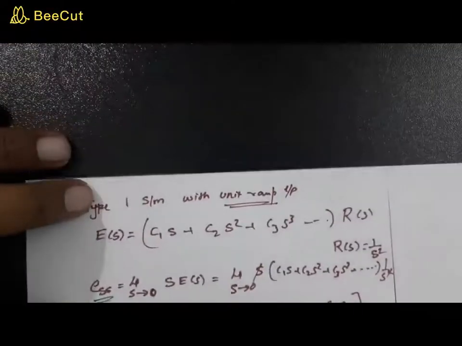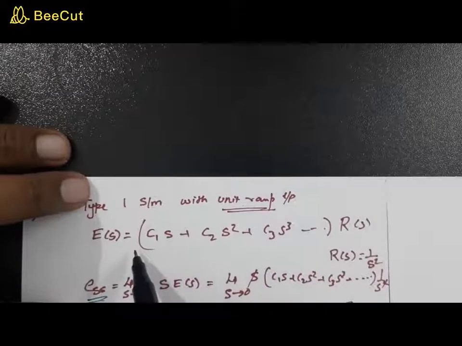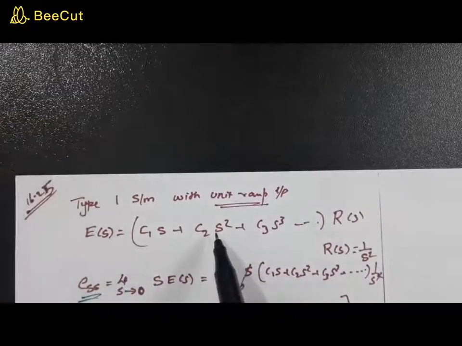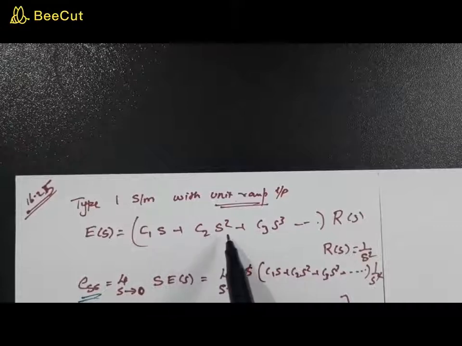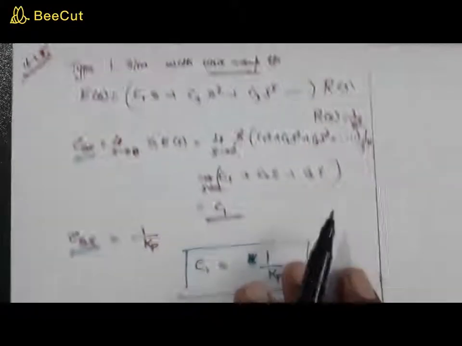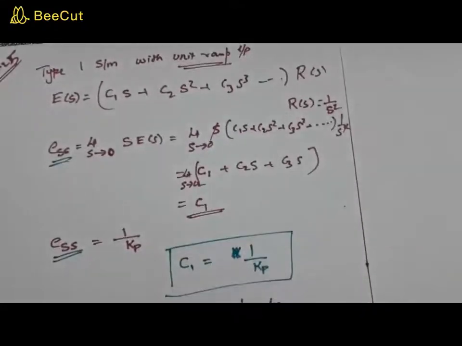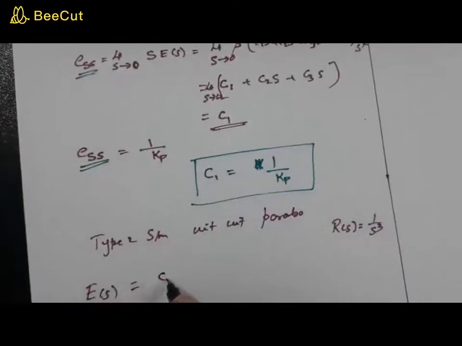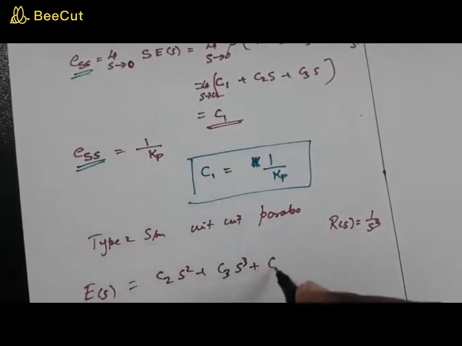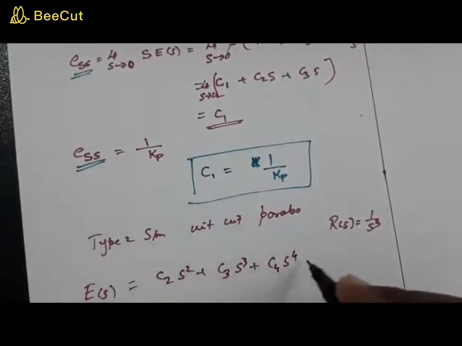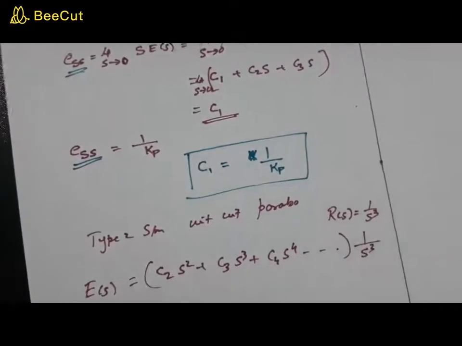As I explained earlier, in the E of S, the lowest power must start from S square, because it's a product of a division. So E of S is equal to C2 into S square plus C3 into S cube plus C4 into S raised to 4, etc., the whole into 1 by S cube, right?